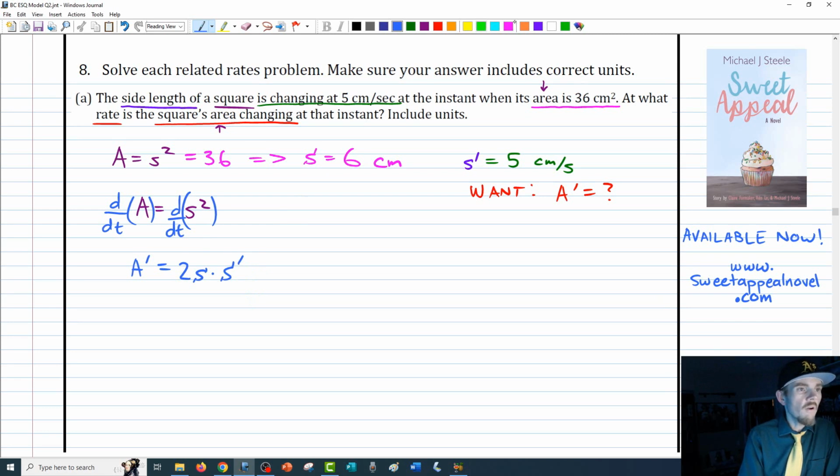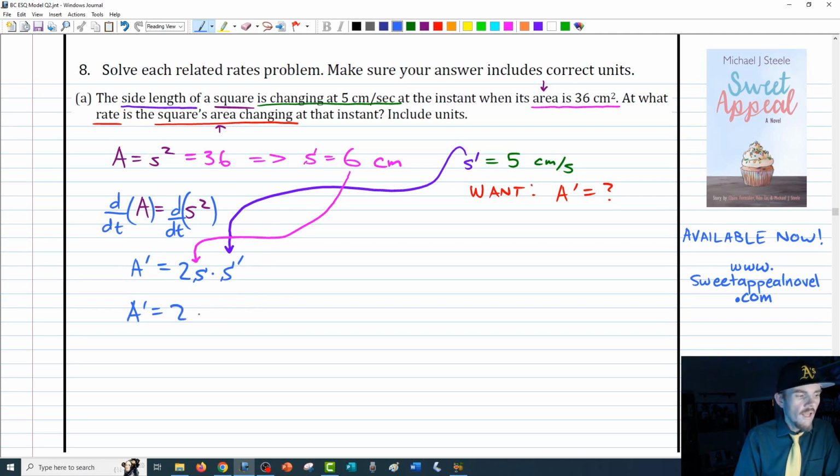Fortunately for us, we already have some good information here. We have that s prime is equal to 5, and we likewise have that s is 6. So effectively, we have a couple different values here. In fact, we could plug them straight into our equation and say that A prime is equal to 2 times 6 times s prime, which is 5.